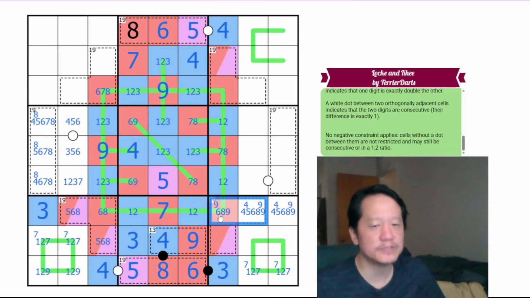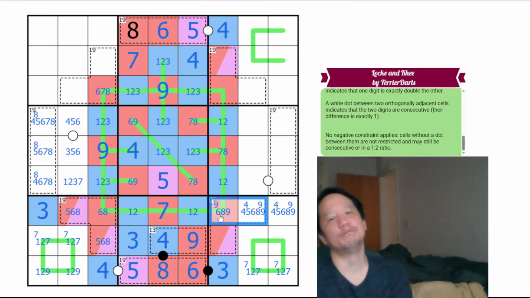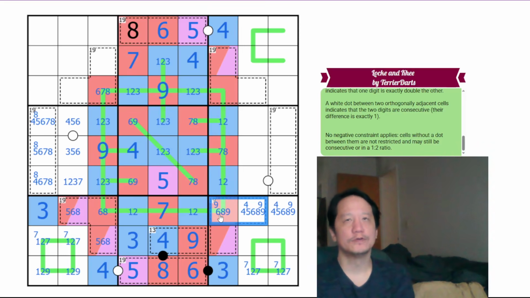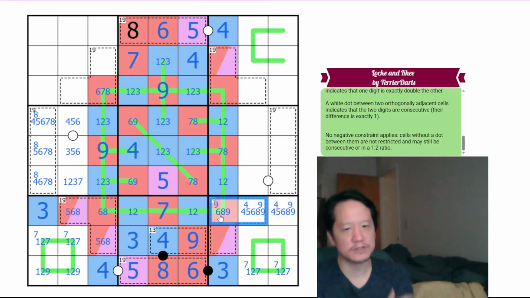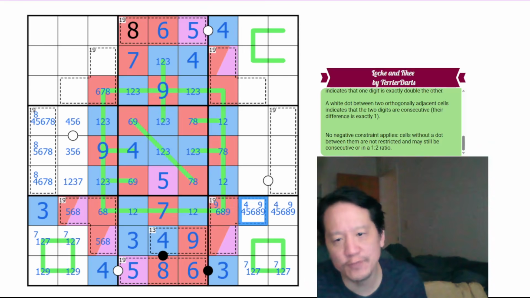This either has a 9 or 4 or both. So it could be 4, 6, 9. Can it have a 9 without a 4? No. Without a 4 or lower, I should say. And the answer is no, because then it would have to be 9, 5, 5 to add up to 19, and we can't have a duplicate. So it has to be 4, 9, and 6.